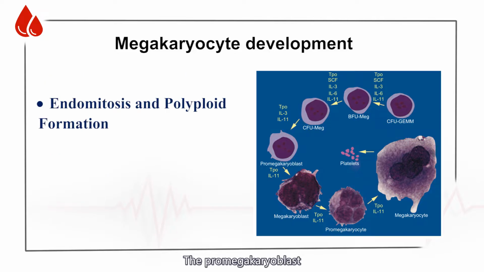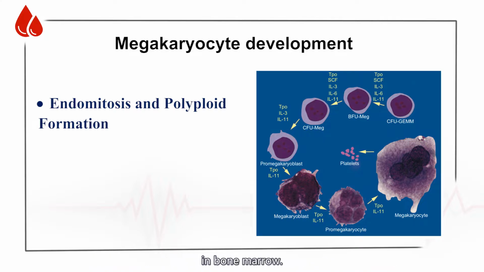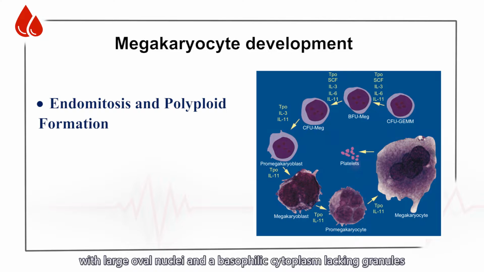The pro-megakaryoblast is the first morphologically recognizable megakaryocyte precursor in bone marrow. Megakaryoblasts are 15 to 50 micrometers in diameter and have large nuclei and basophilic cytoplasm lacking granules.